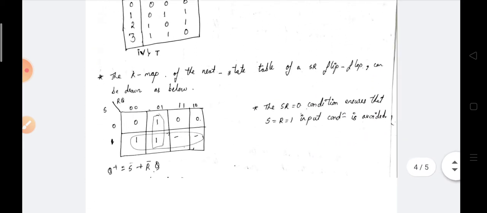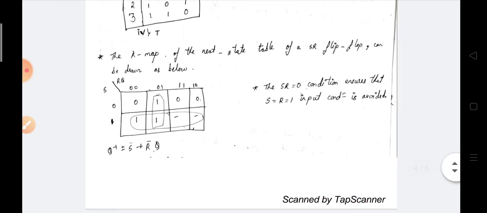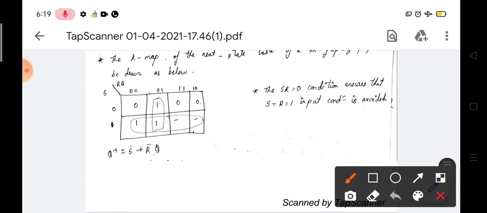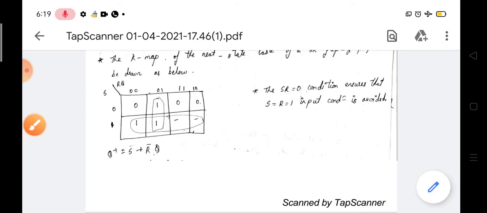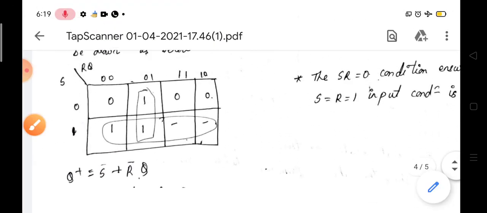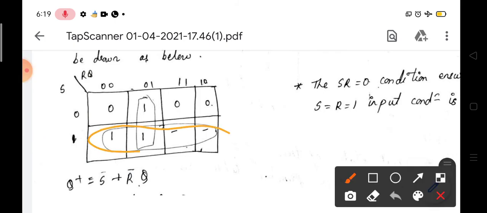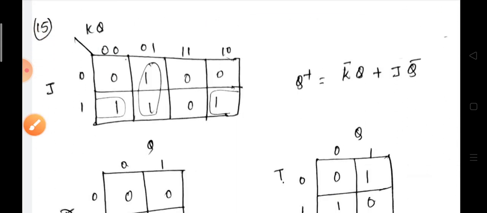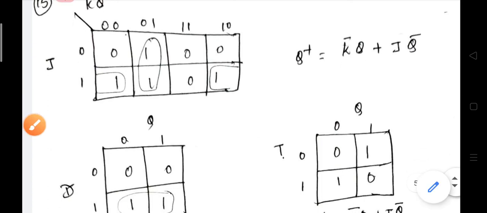So this is the characteristic equation for the next state of the SR flip-flop, where you get Q is equal to, this is a small correction here. It means Q is equal to S plus R bar Q. It's not S bar, it is S plus R bar Q. Similarly here, I explained, you get Q bar.